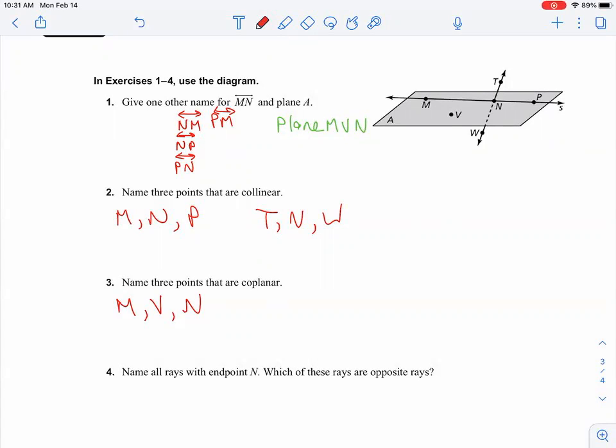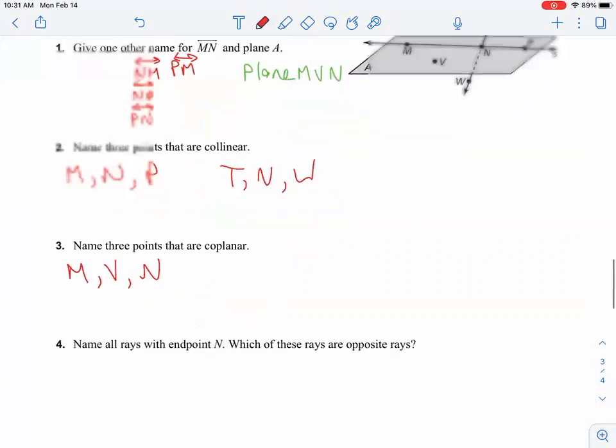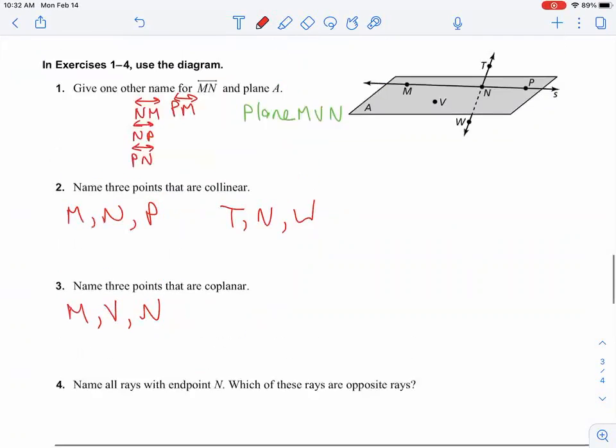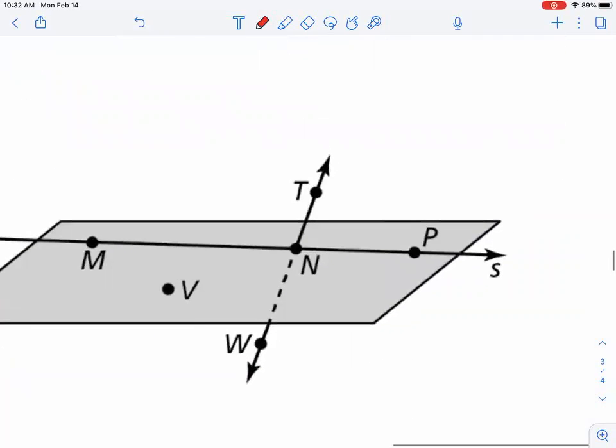All right, last but not least, if I want to name all rays with endpoint N. It says endpoint N, it's really, think of it as kind of a beginning point as opposed to an endpoint. So we're talking about anything that starts from N, like that would be one example. That would be one example. That would be one example. And that would be one example.